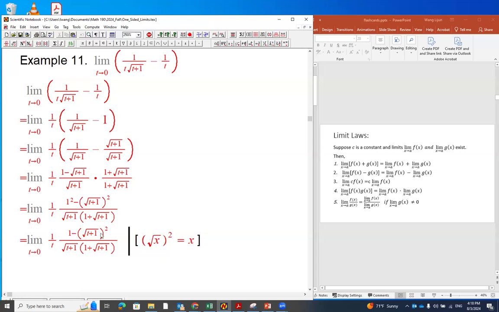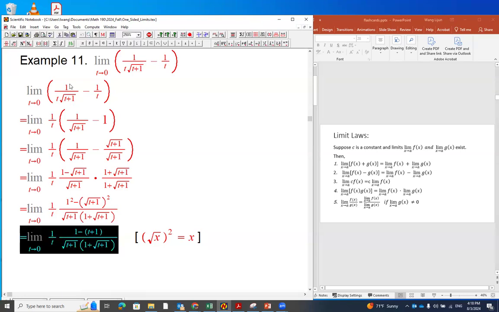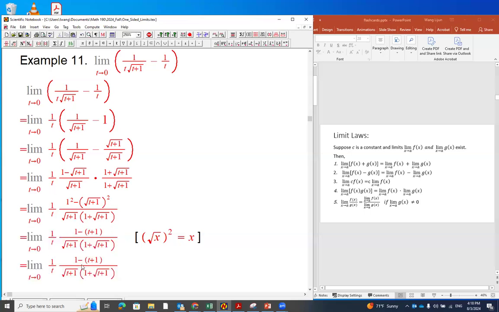You know why already. So this piece will give us t plus 1. I'm going to be very careful: t plus 1 in parentheses. Then I'm going to open parentheses on the next step: 1 minus t minus 1. 1 minus 1 makes 0, so we have a negative t left.